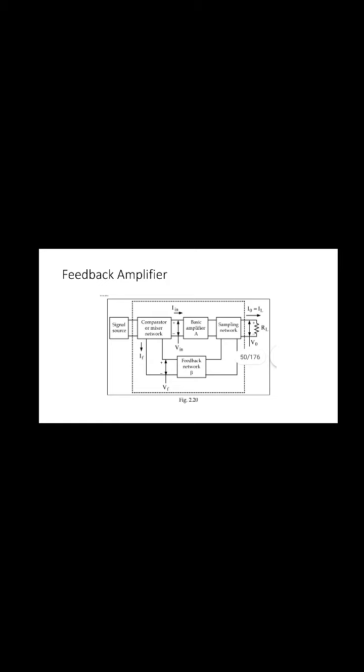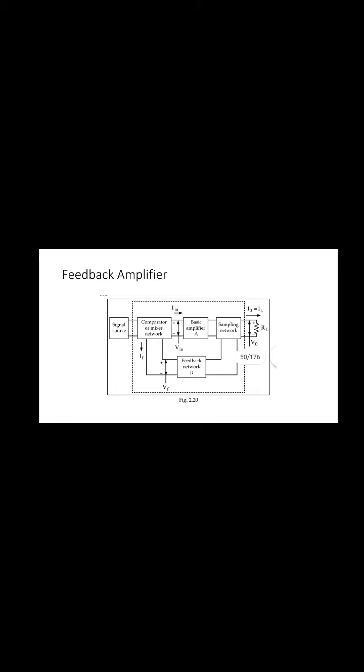Now we discuss the overall feedback network. The source signal is given to the mixer. The mixer output is given to the basic amplifier, and the amplifier output is given to the load RL. But this output may be increased or decreased based on the feedback network.